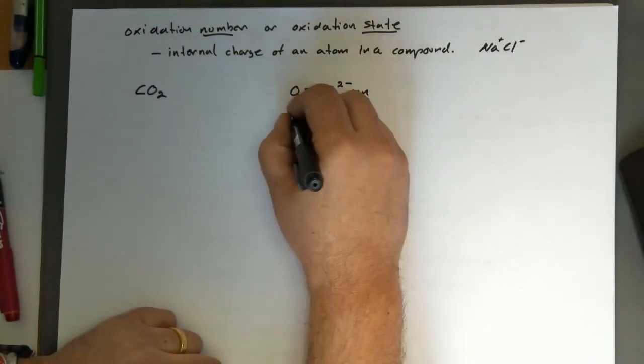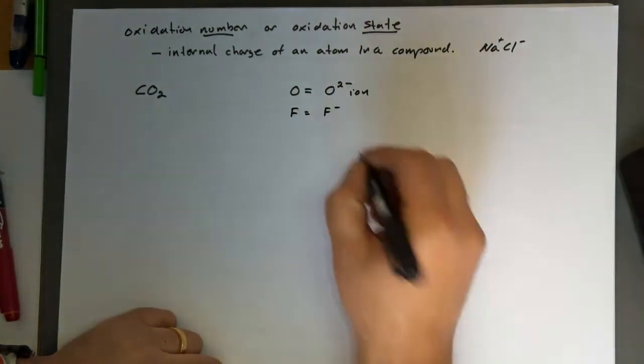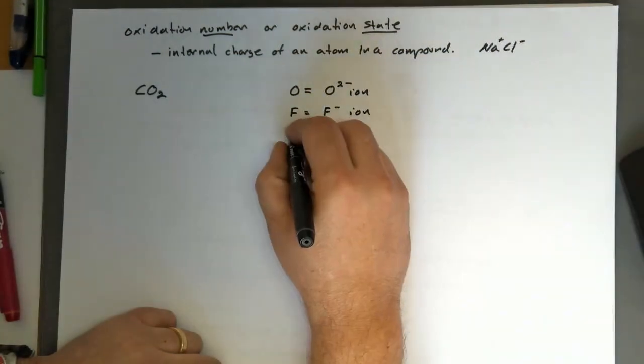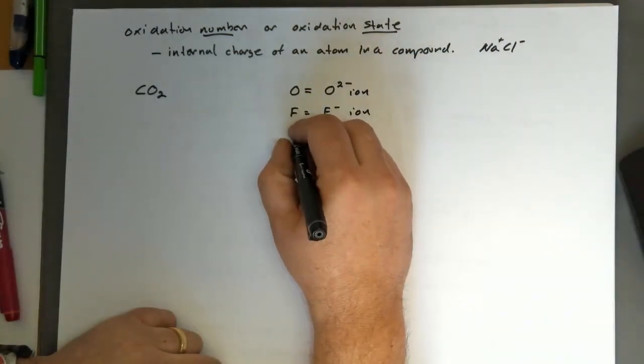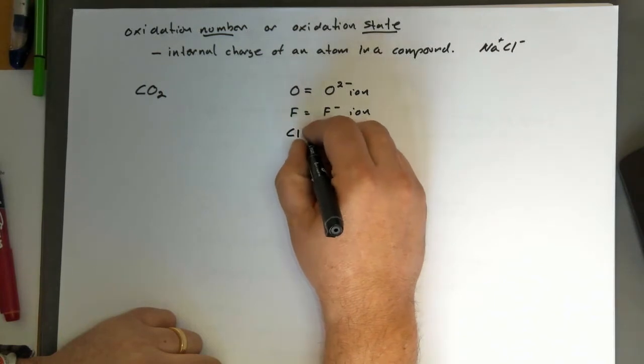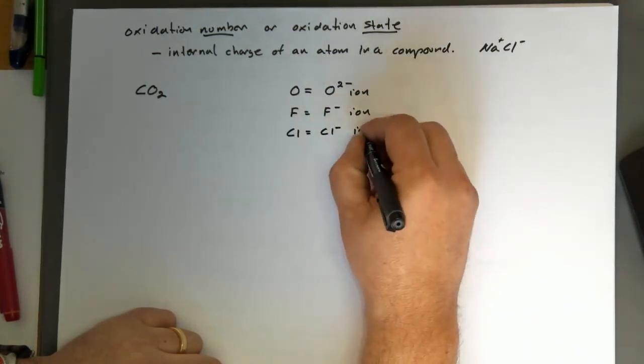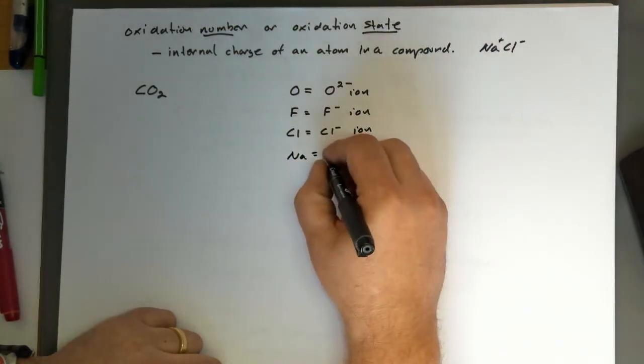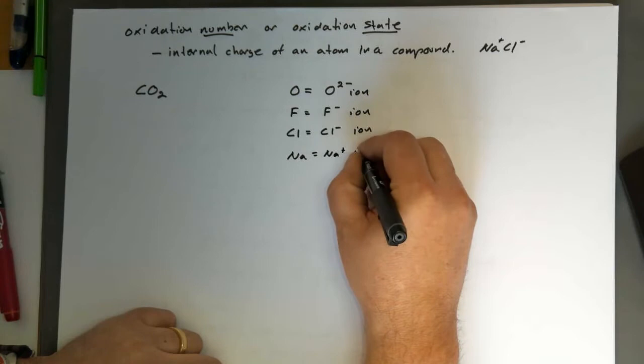Fluorine, for example, always forms a 1- ion. And chlorine, for example, always forms a Cl- ion. And sodium always forms a Na+ ion.